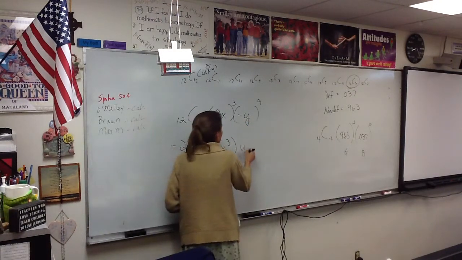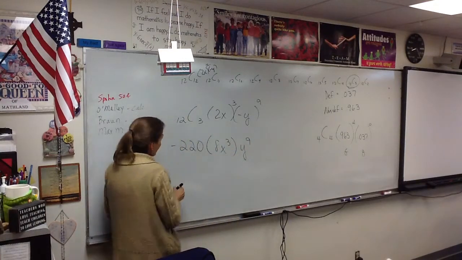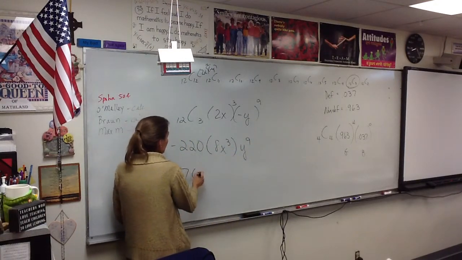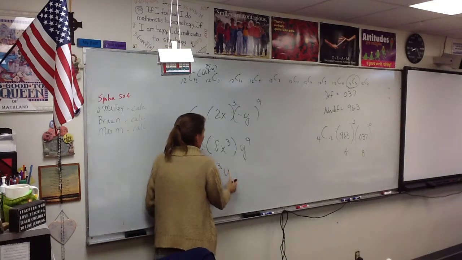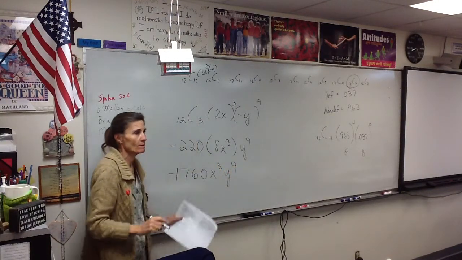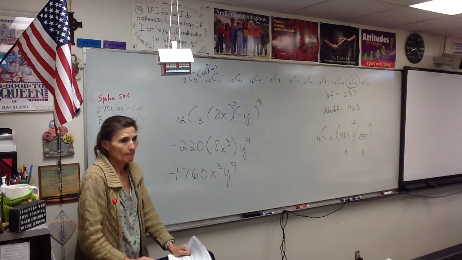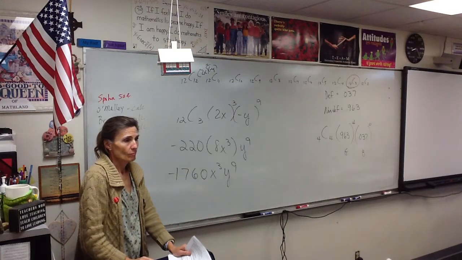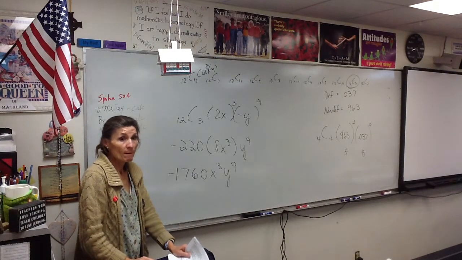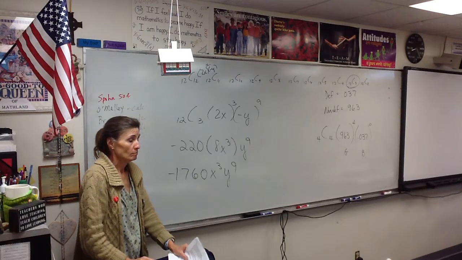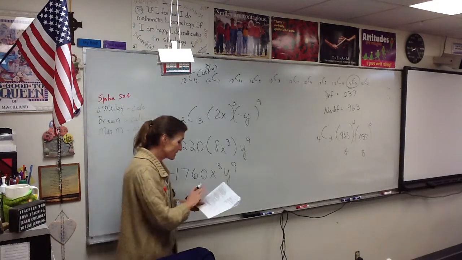Stays negative. So I'm going to end up with negative 1760 x cubed y to the 9th if I times right. Remember doing that? 220 times 8.